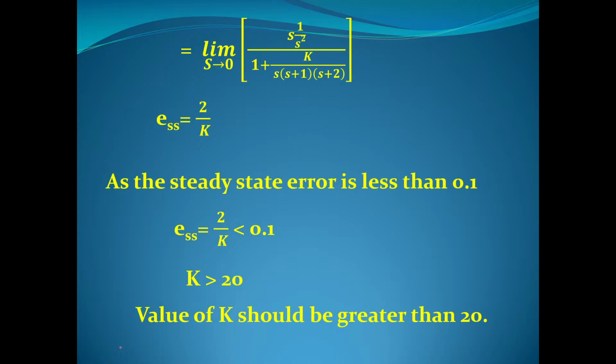So what is the steady state error? If you simplify this, you will get ESS is equal to 2 by K.